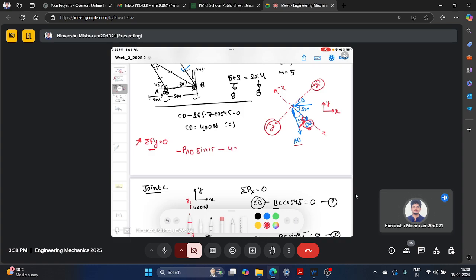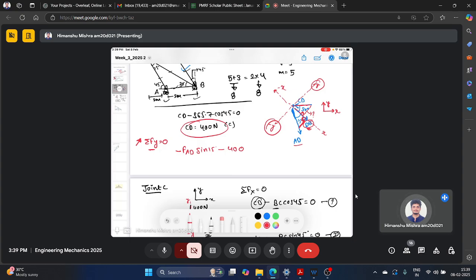Then you have 400. So 400 is CD. We have calculated the value of CD, which is 400 Newton. And again you can decide the components. So this is your triangle, with a 90-degree angle. You have this side of the triangle you already know, which is CD, and you need to know this side of the triangle, which is the component of CD along the y direction, right?